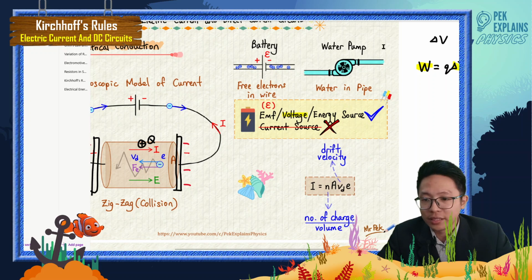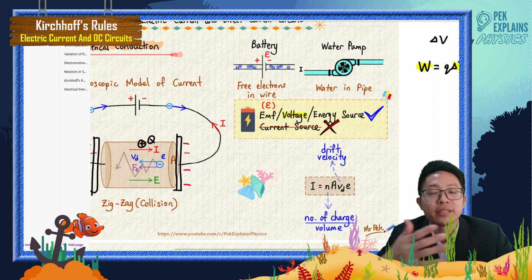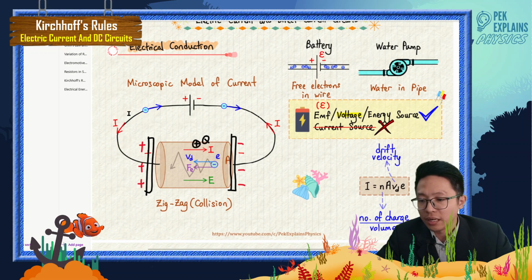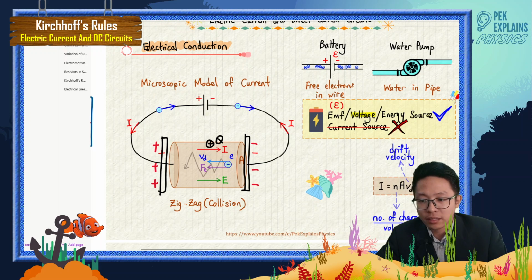Battery is a water pump. It's not a current source, it's an energy source. The free electrons already exist in the wire; there are a lot of free electrons.